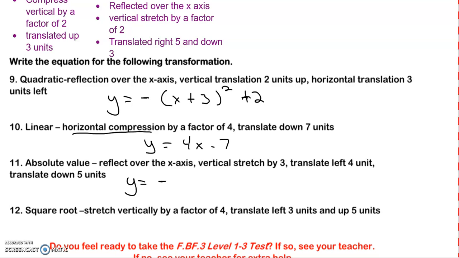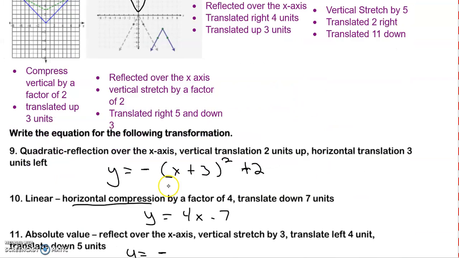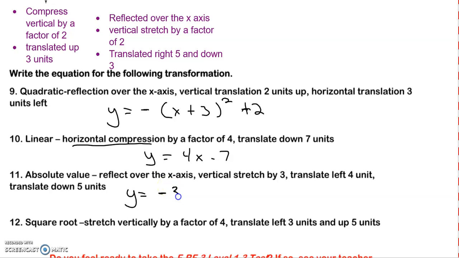So it's a vertical stretch. Again, if you need to remember, a vertical stretch is going to be a whole number. So I know it's not going to be a third, it's going to be a whole number, so it's a 3. And then I'm going to put my absolute value sign, translate it 4 units left, it means it's going to be a plus 4, and 5 units down.